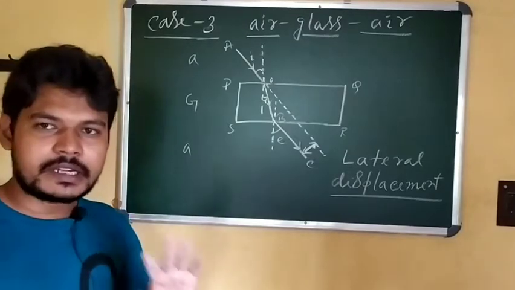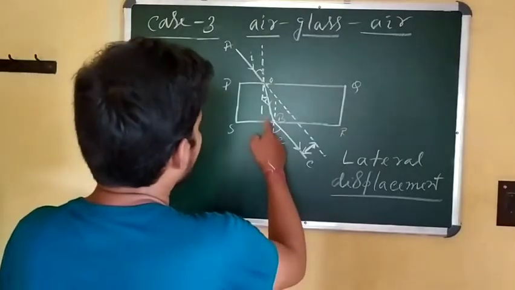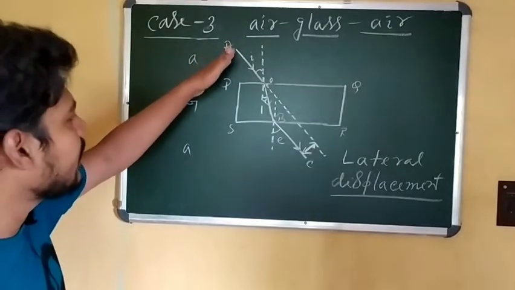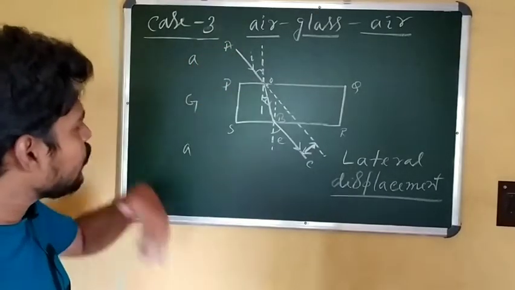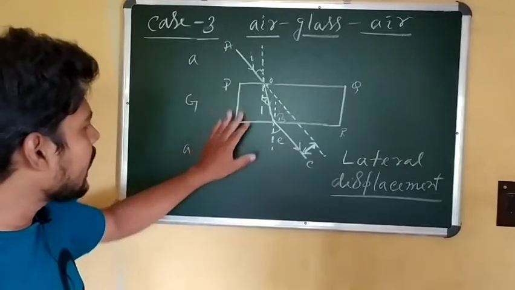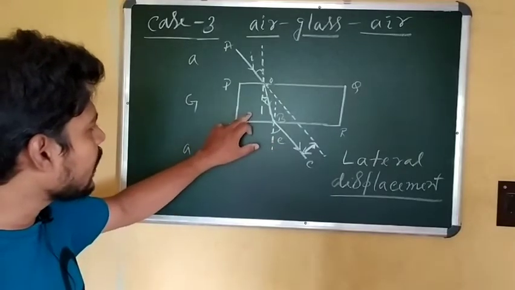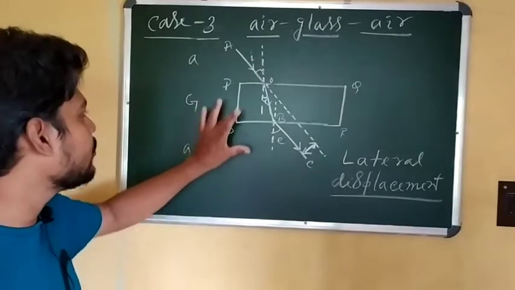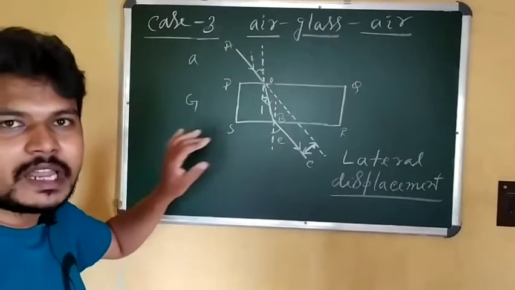Now what happened in that case? Here at first we can see the refraction occurred between air and glass. Just opposite of this happened at this boundary line SR. Now here the refraction occurred between glass and air. So here both of these are opposite and equal.